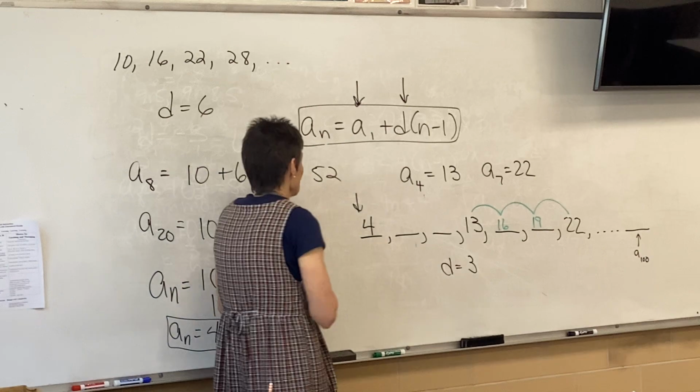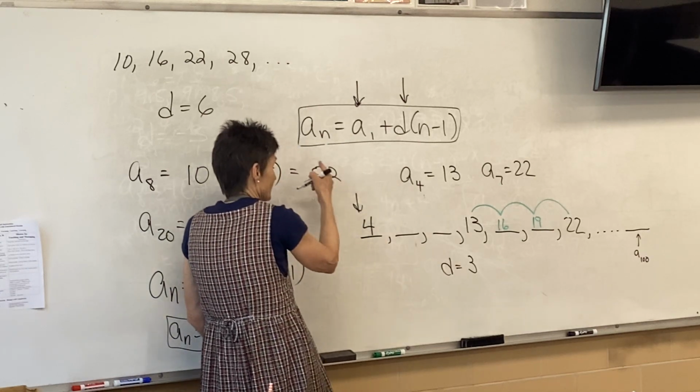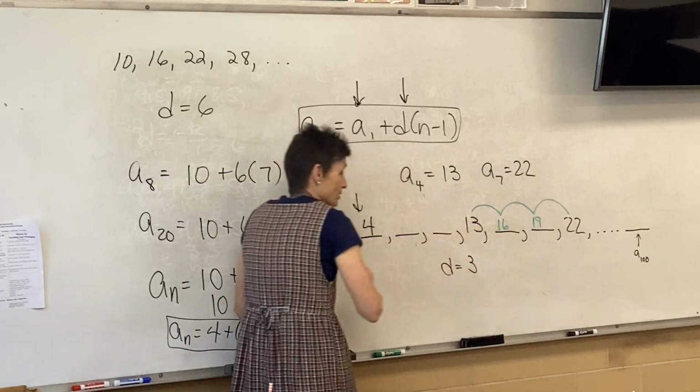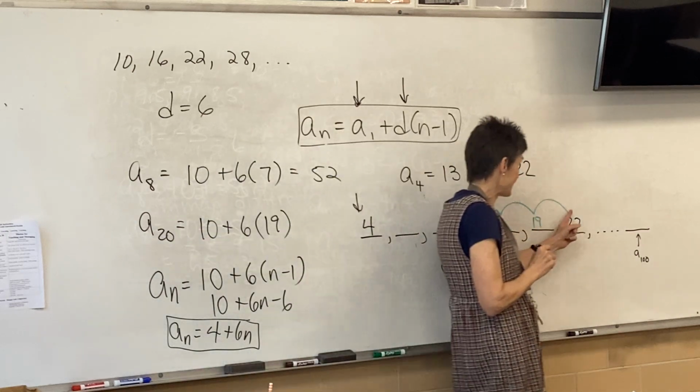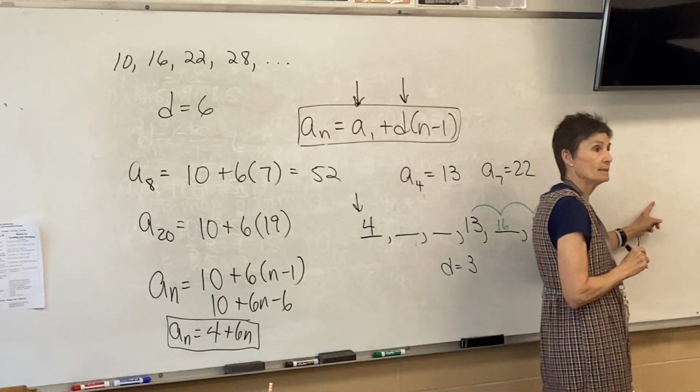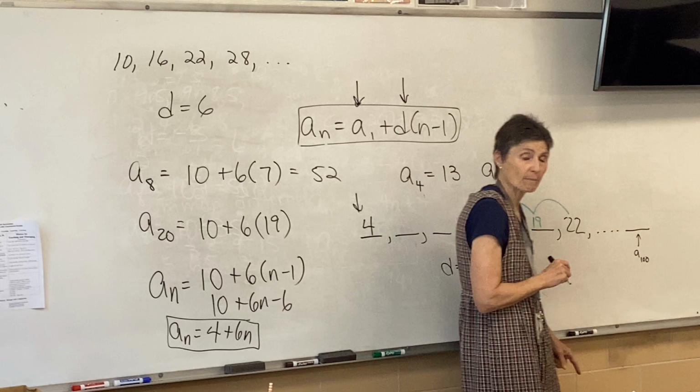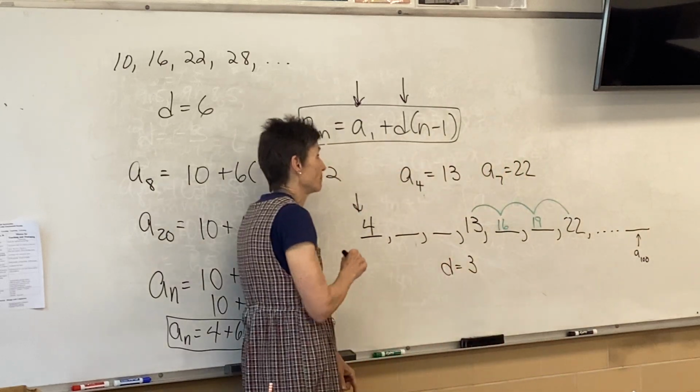Now, look at our formula. I need to find the 100th term. Could I keep adding 3's? Yeah, but it would take forever. So I'm going to use my formula for this one.